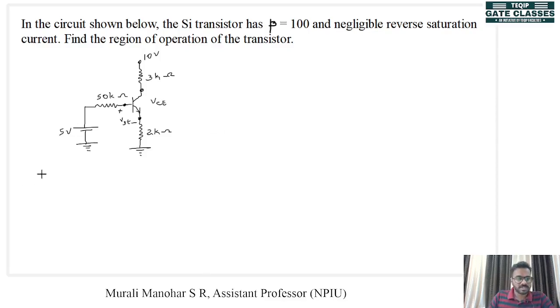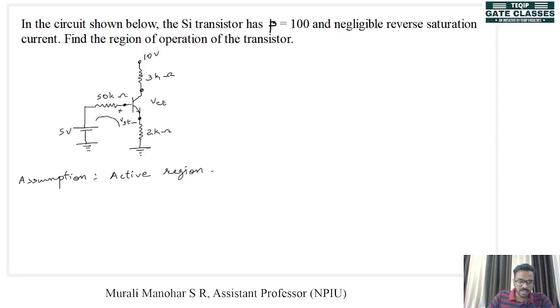Okay, so we'll start with the assumption. Our assumption is that the transistor is in the active region. Let's find out the values of IB, IC and VCE and compare it with VCE SAT.